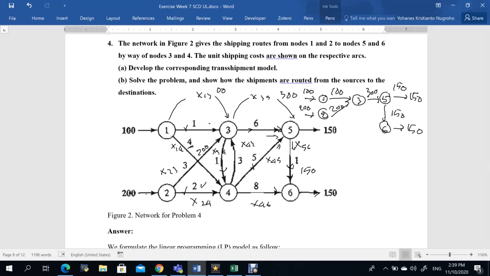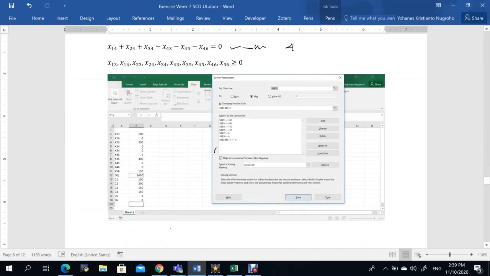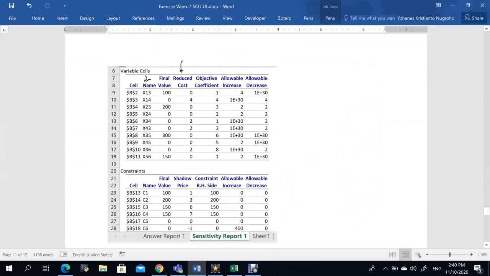However, it is not possible to increase the transportation from 1 to either 3 or 4, or from 2 to either 3 or 4, because the available ship units from 1 is 100 and from 2 is 200, and therefore it is useless to increase the availability of resources here, right?